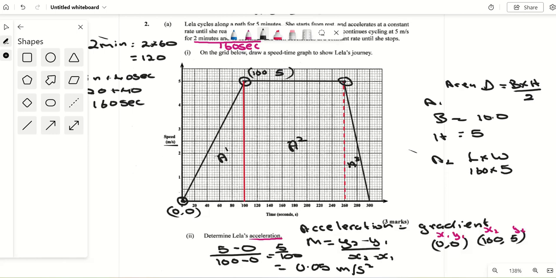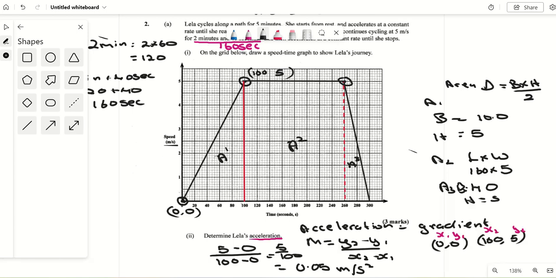So my area of A2 would be 160 by 5, where your length is 160, your width is 5. And then A3 is a triangle, so my base is from 260 to 300. 260 to 300 is 40. My base is 40 and my height is equal to 5.